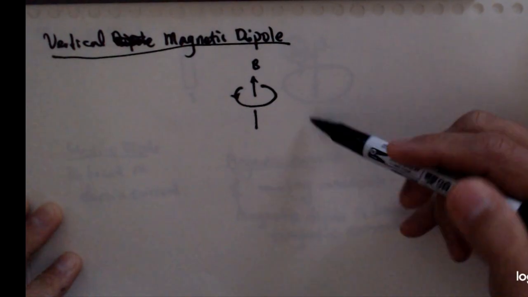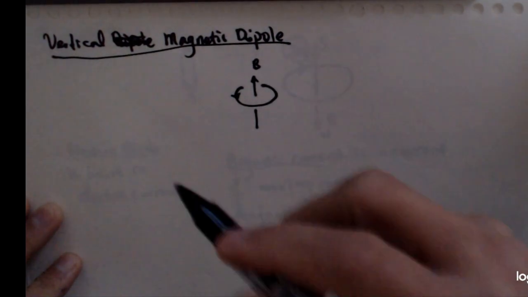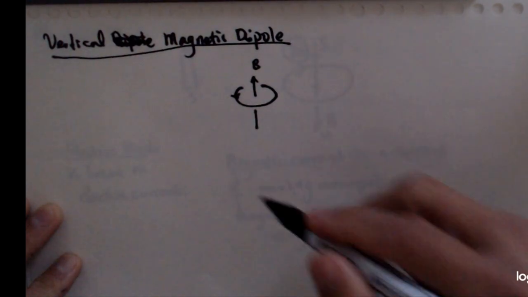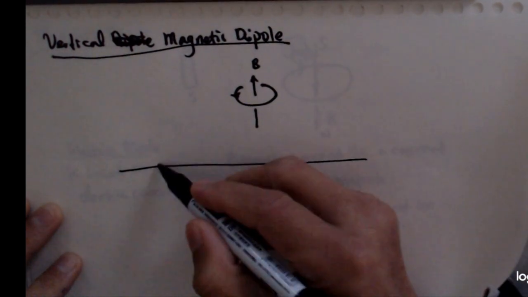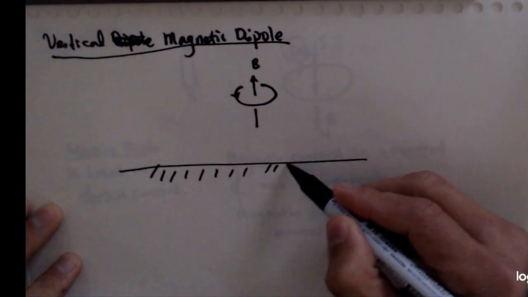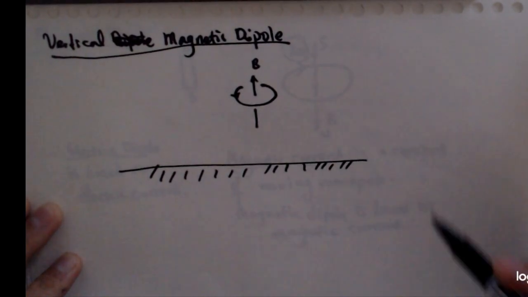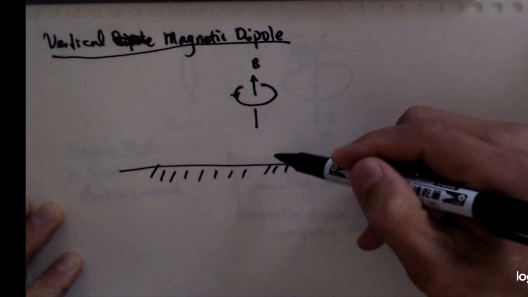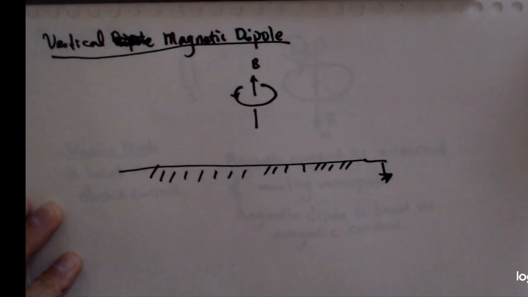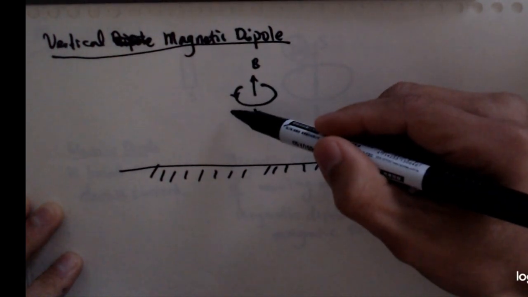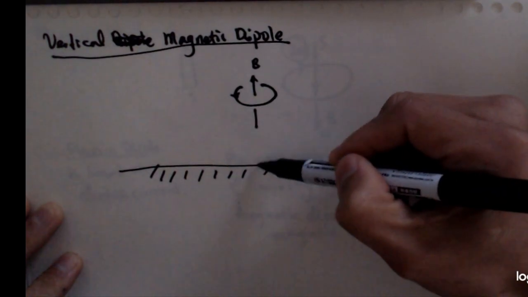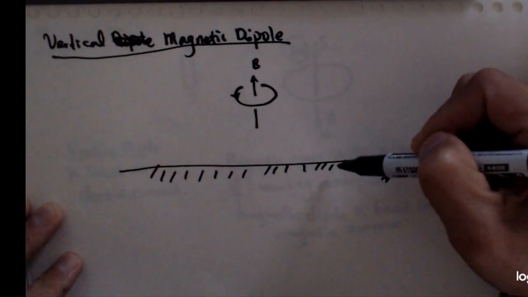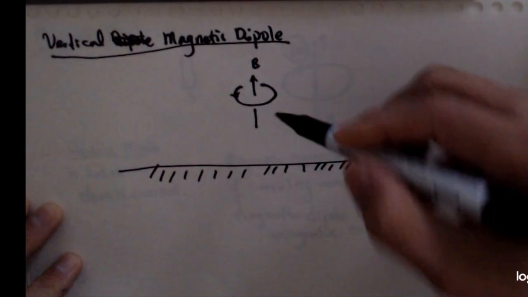So what happens if the magnetic dipole is placed just above the ground plane? The reflective ground plane will reflect all the electric field. The electric field will not be able to penetrate into the ground plane.